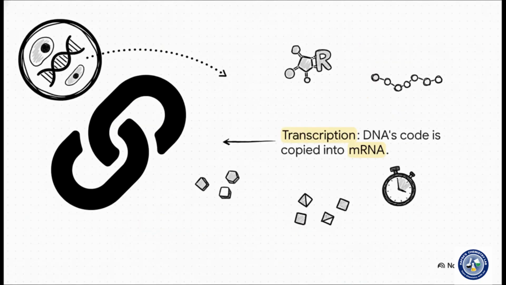Now, when it's time to actually use those instructions to build something, we enter the first step of gene expression, which is transcription. The DNA safely opens up just a little bit inside the nucleus, and its code is carefully transcribed into that short-lived working photocopy we talked about way at the beginning, messenger RNA, or mRNA.